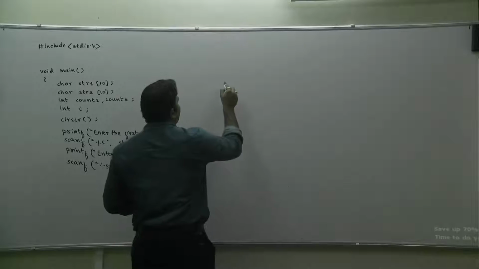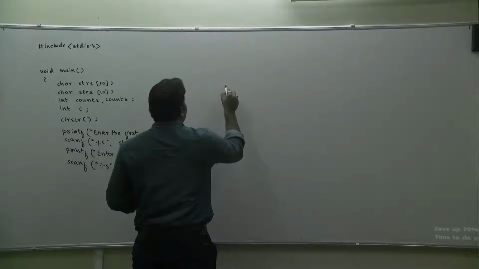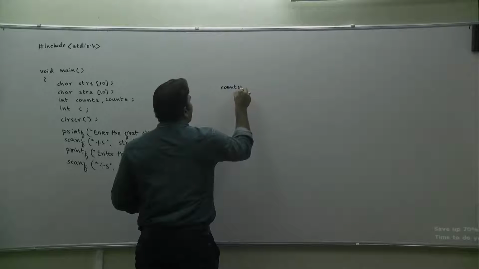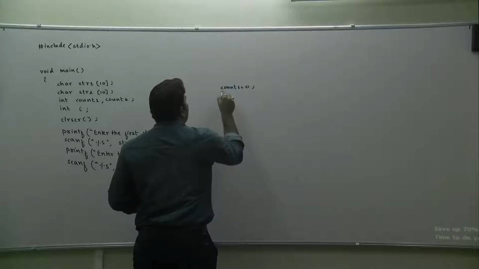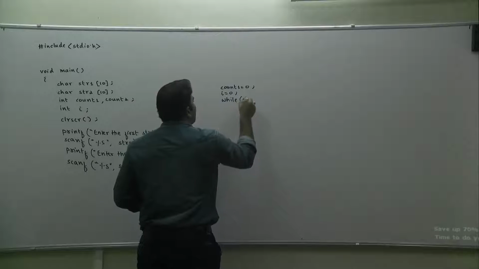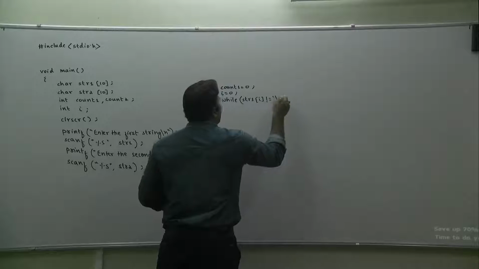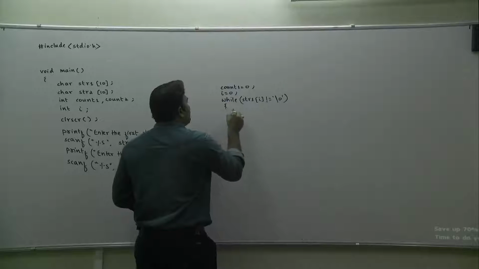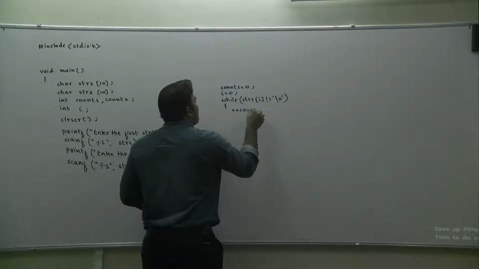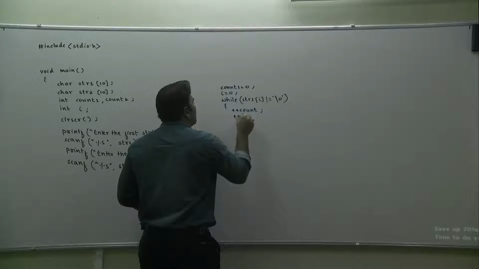This is the way I can find the count of the first string, wherein I will initialize count1 to 0. Obviously i also would be 0, and then as long as str1 of i is not equal to null, I will have to increment the count. I will also have to increment i.